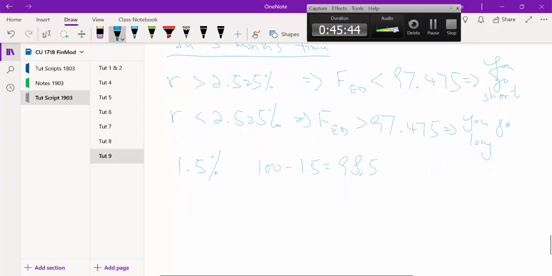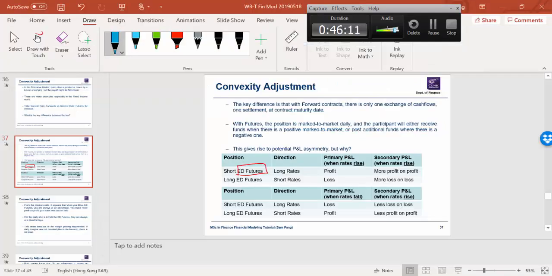And if you trade $1 million, then if you are long, you will actually make that amount of money, but you have to divide it by 4, okay, because it's quarterly. Okay, so that's the market convention. Now, but this is not what I want to talk about. What I want to talk about is this. So here's the problem.